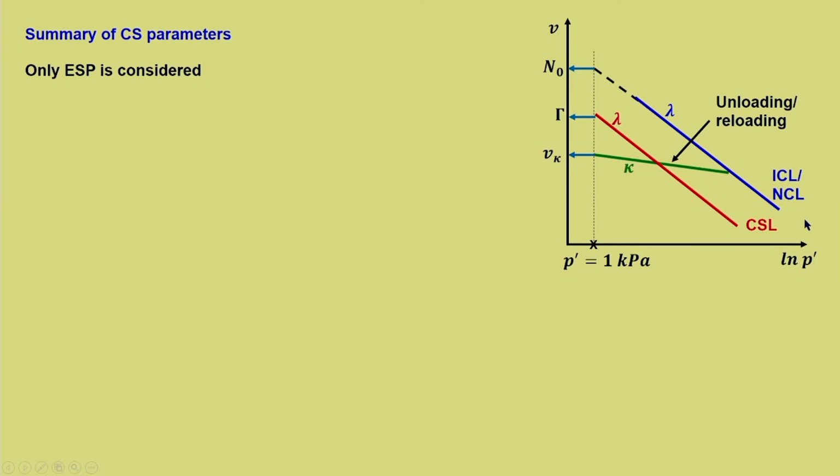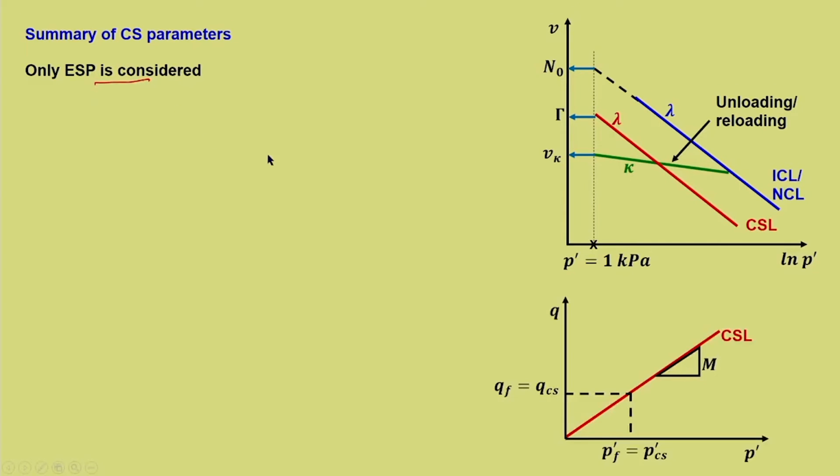You have ICL or NCL, ICL meaning isotropic consolidation line, with slope lambda, CSL with slope lambda, and unloading reloading line with slope kappa. The initial reference point is P dash equal to 1 kilopascal, with N naught, gamma and V kappa. Only the effective stress path is considered for defining failure.